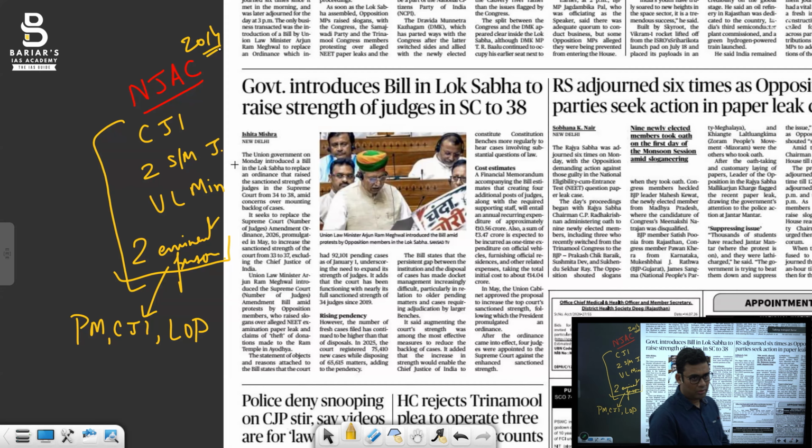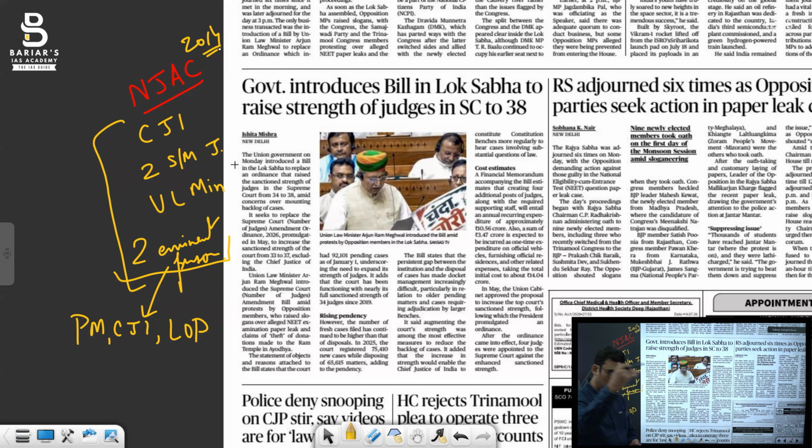Why? On the premise of definitely compromising on the basic structure doctrine, in which element was used? Separation of powers and judicial independence. So it said that it was compromised and therefore NJAC was struck down. And the system came back to collegium system.